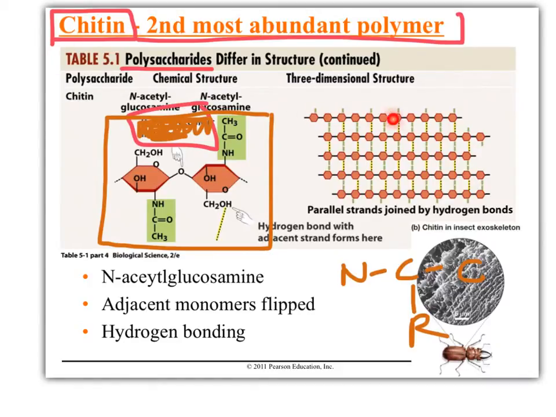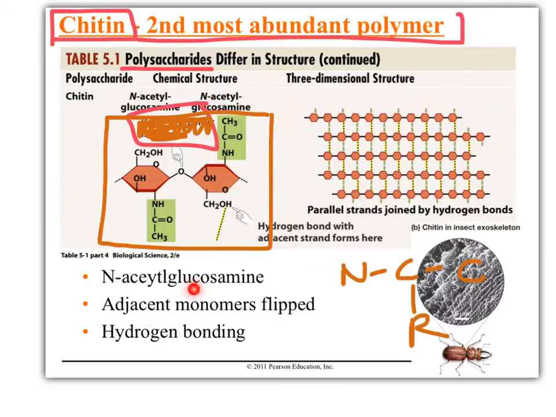So again, chitin: beta 1,4, beta 1,4, beta 1,4, covalent, held together by hydrogen bonds. Then there's the interaction with the N-acetylglucosamine that goes in between. Again, very strong because of the massive amounts of hydrogen bonding and that sheet-like structure.